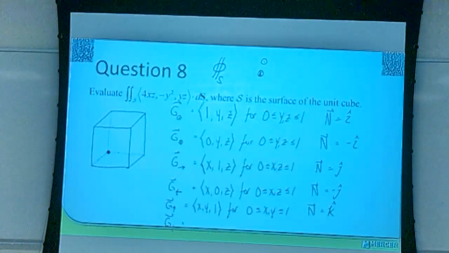Bottom. It's again an XY plane, right? What's Z? 0. Is there any change in the domain? No. And what is N? Negative k.